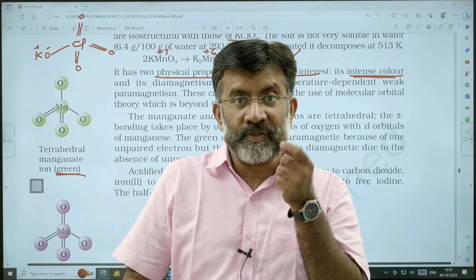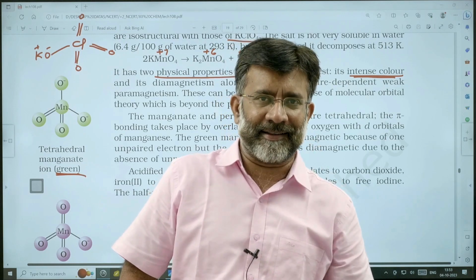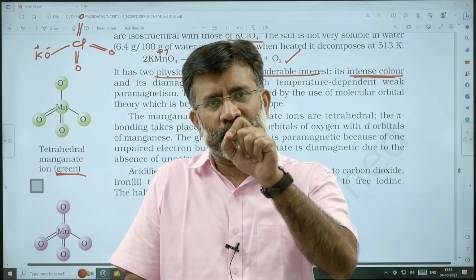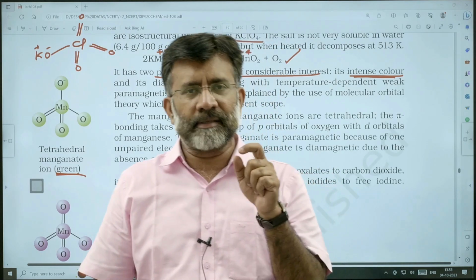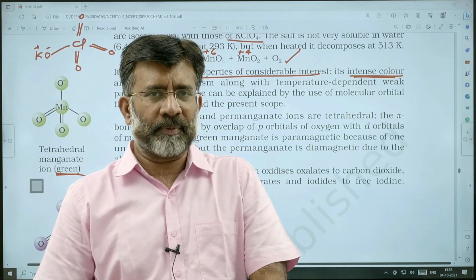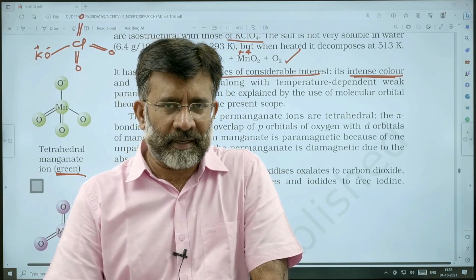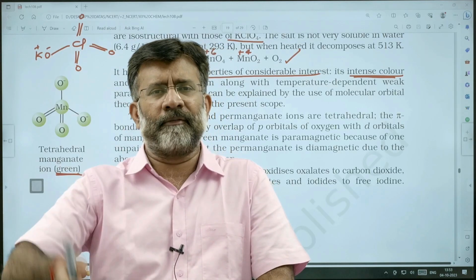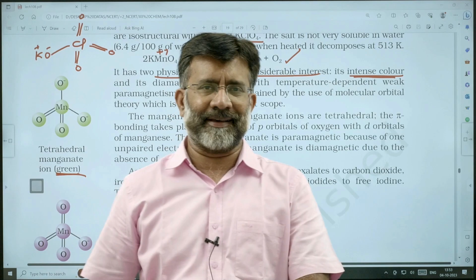And intense color, how does it show intense color? How does it show weak temperature dependent paramagnetism when it is usually diamagnetic? These are things we should learn as properties related to transition metals. Many times in transition metal compounds and complexes, these kinds of observations are made.